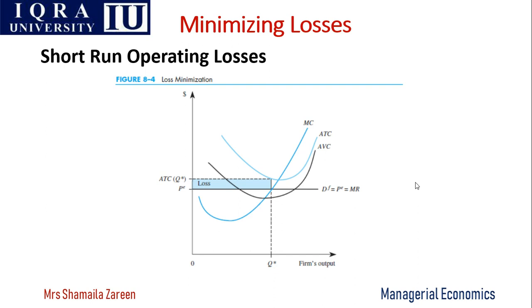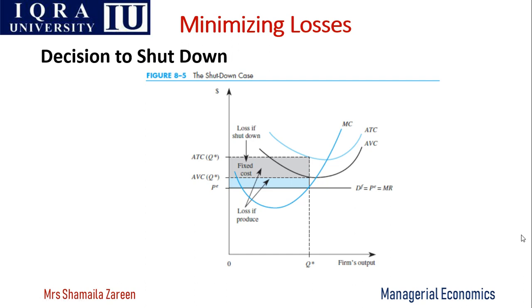It means they are facing more cost and they are getting revenue that is less than the cost. So in this condition the firm is getting the loss but they are not shutting down. And here, they are facing the loss, but now they are taking the decision to shut down.